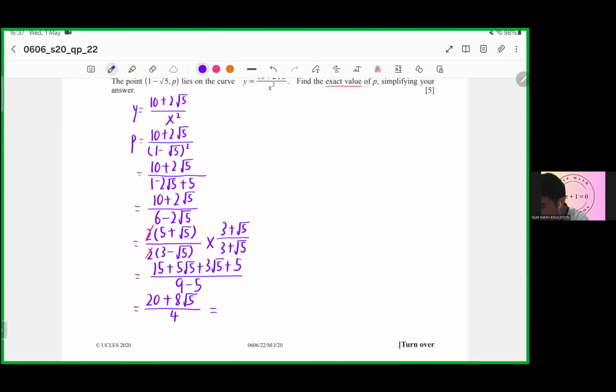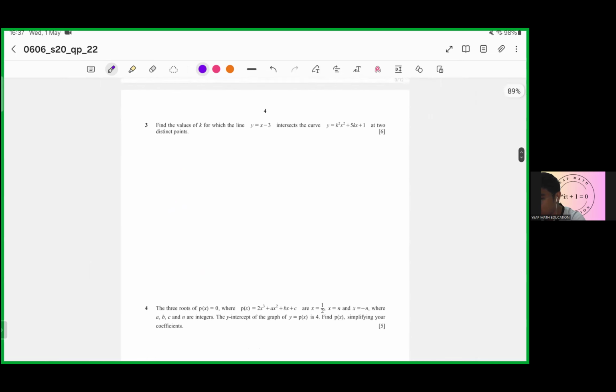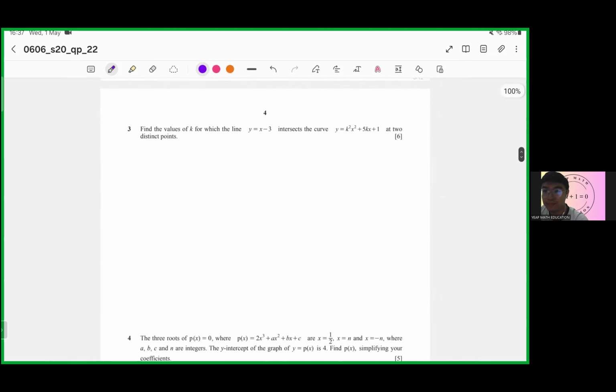So our answer is 5 plus 2/3 root 5. Okay, we already finished. Now we look at question 3.